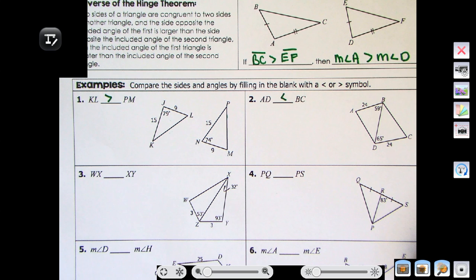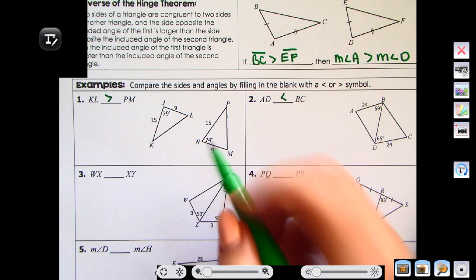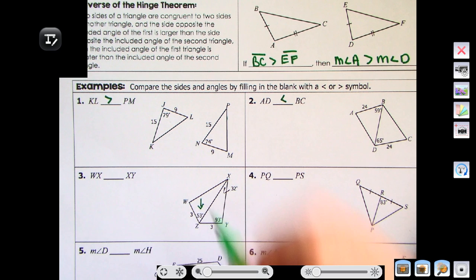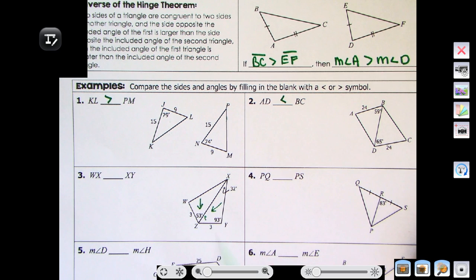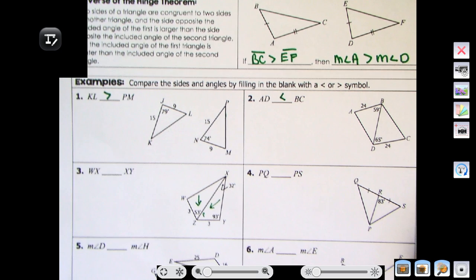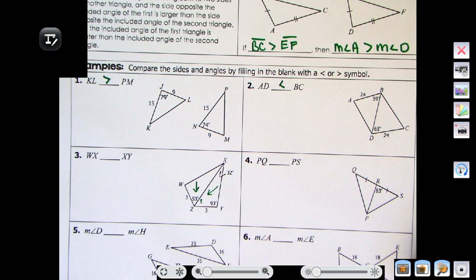All right, let's look at number 3. So we're looking at WX and XY. So I'm going to look at WX. WX is across from the angle here, that's 53 degrees. And then XY is across from this angle here. Well, what is the measure of that angle? Now I got to do a little extra work. So how can I figure that out?